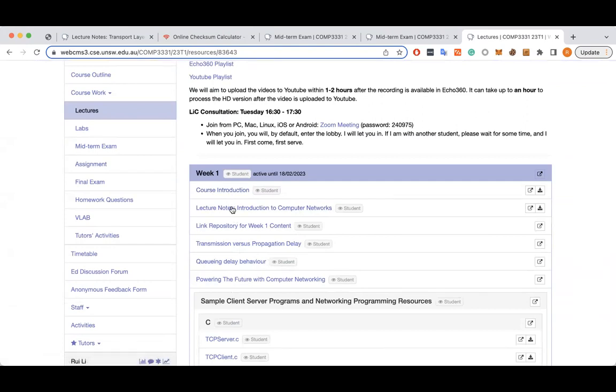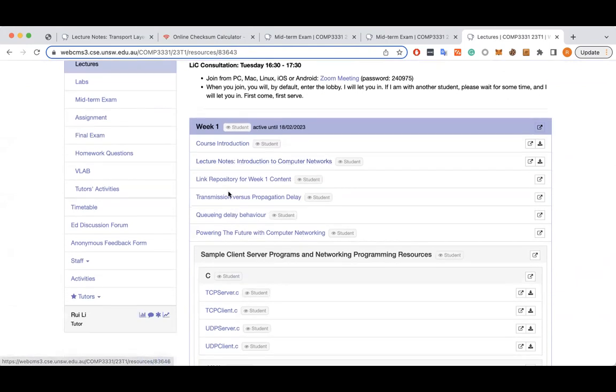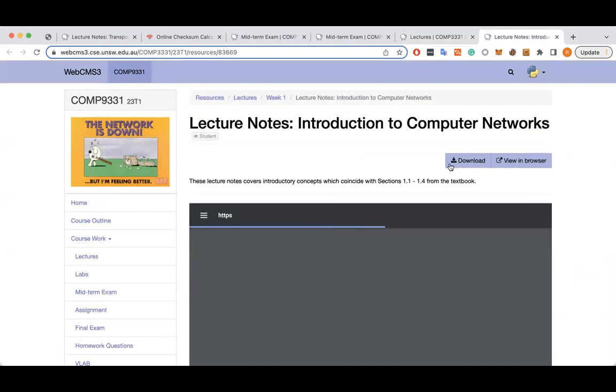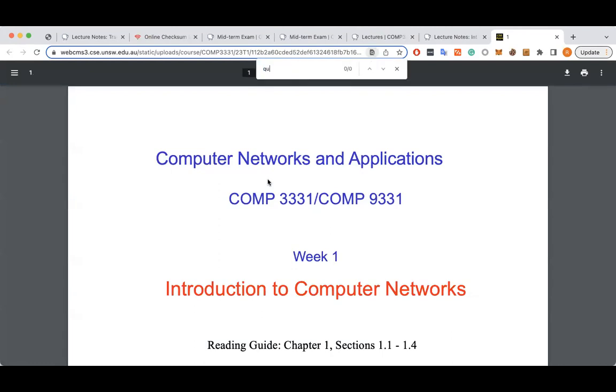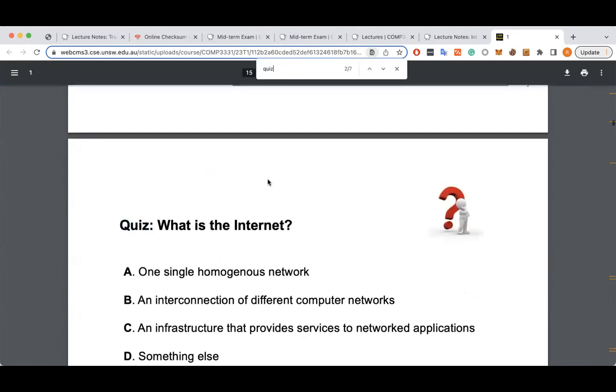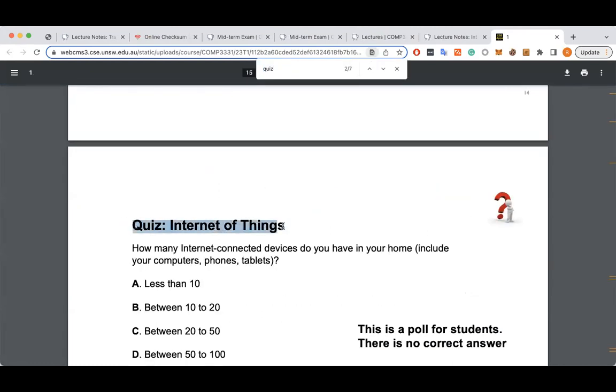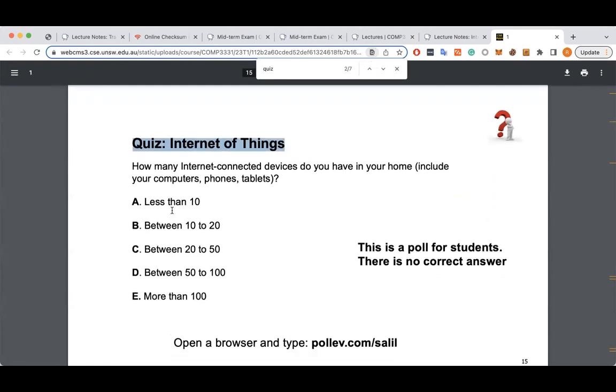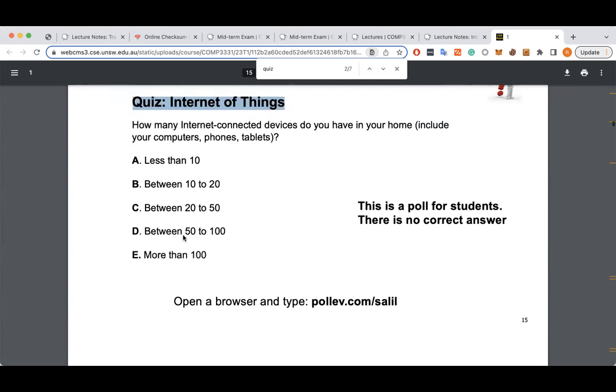Don't need to go through the course introduction, but you need to have a look at this kind of slides. Then you will see we have a lot of quizzes inside the lecture slides. Try to answer all the quizzes and compare with the correct answer.